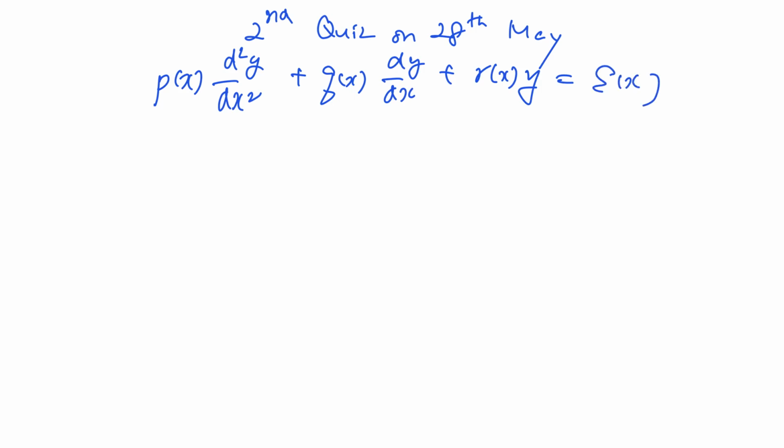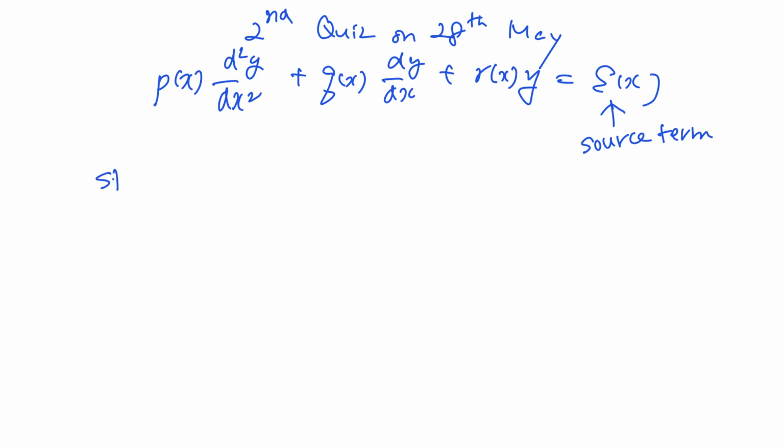And I told you that the right hand side is sometimes called the source term. So the first step of the solution is to find the solution for the homogeneous equation first, right?